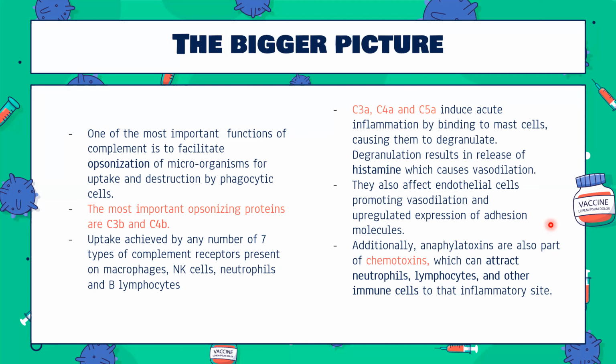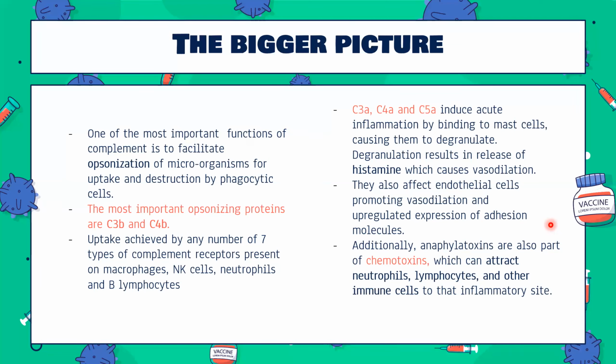Also, aside from just forming the membrane attack complex, we can also tag this pathogen as an opsonin. Now, if you guys remember from our last session, opsonization is basically the process in which a macrophage detects the Fc region of an antibody bound to a pathogen.